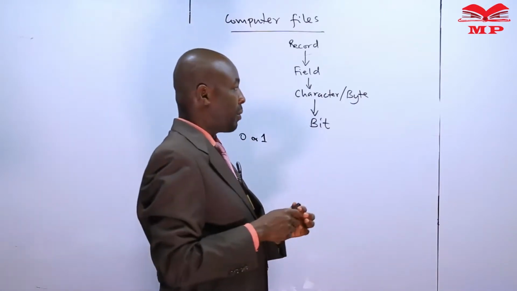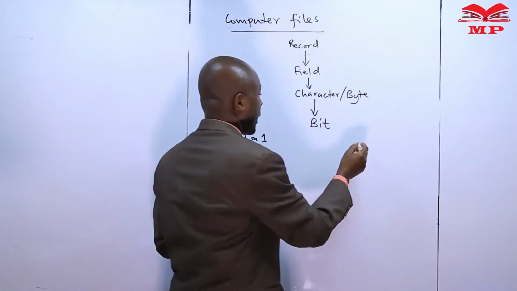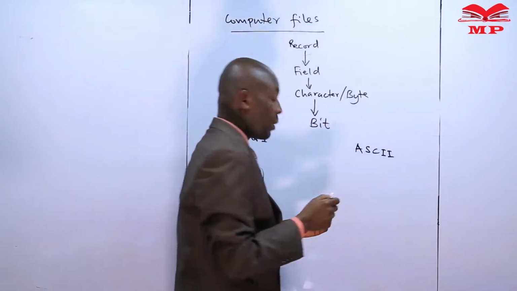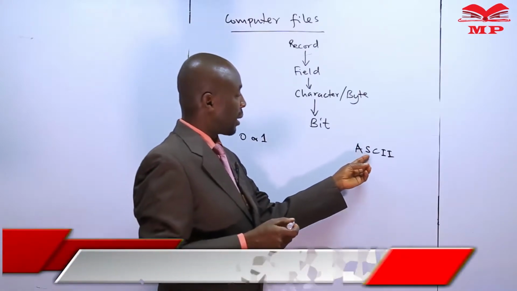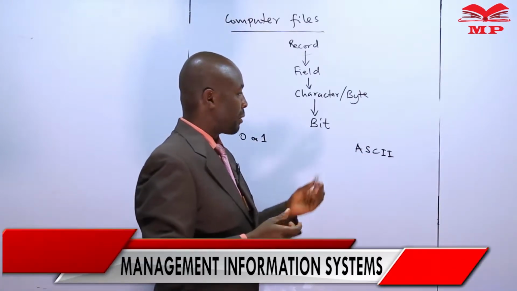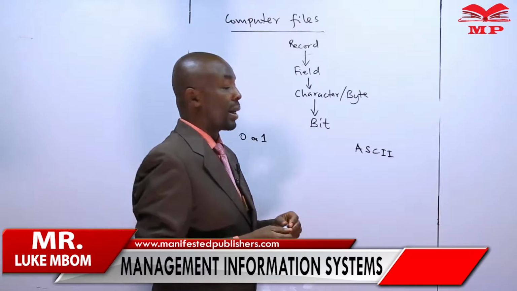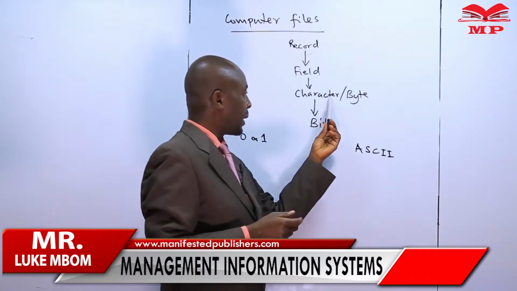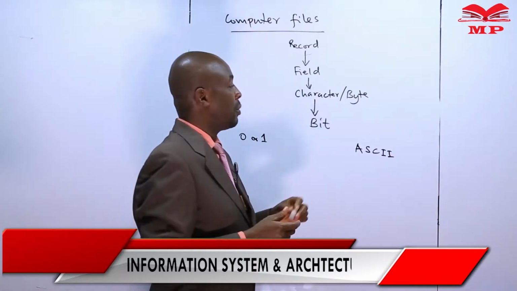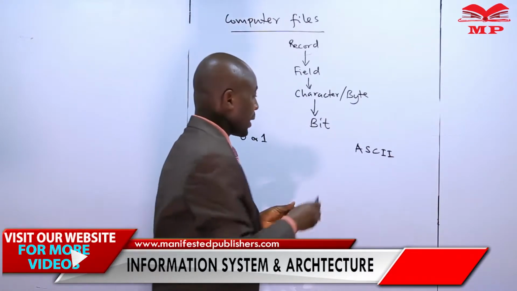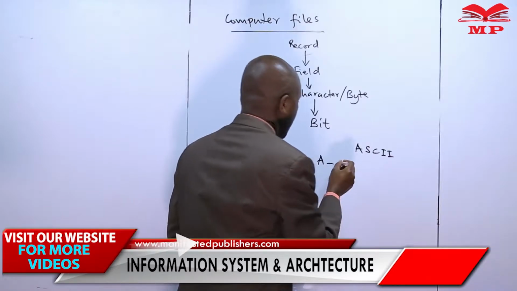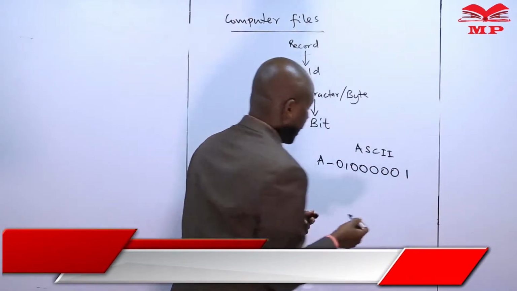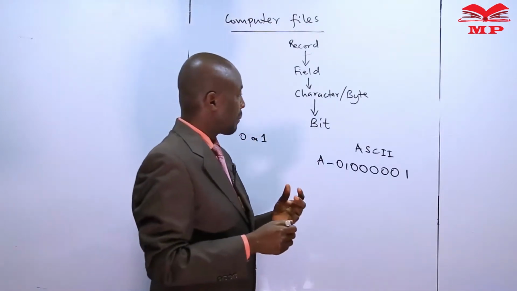According to the ASCII character code, ASCII stands for American Standard Code for Information Interchange, a character is made up of 8 bits. And remember, by the word character, we are referring to alphabets, numerals, and symbols. So a character like A will be made up of 8 bits.